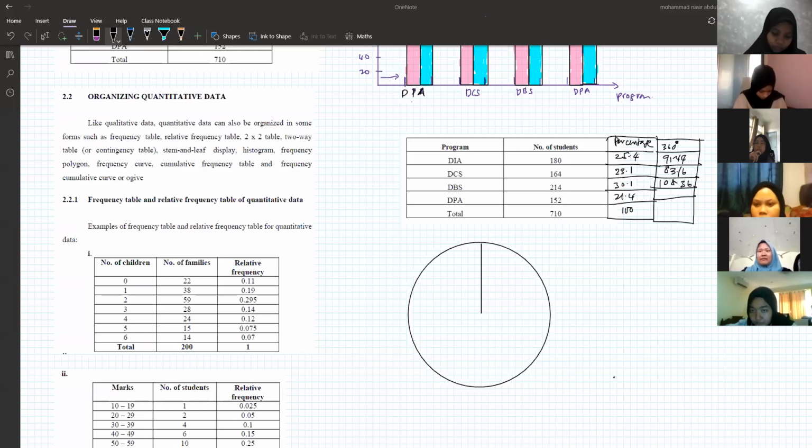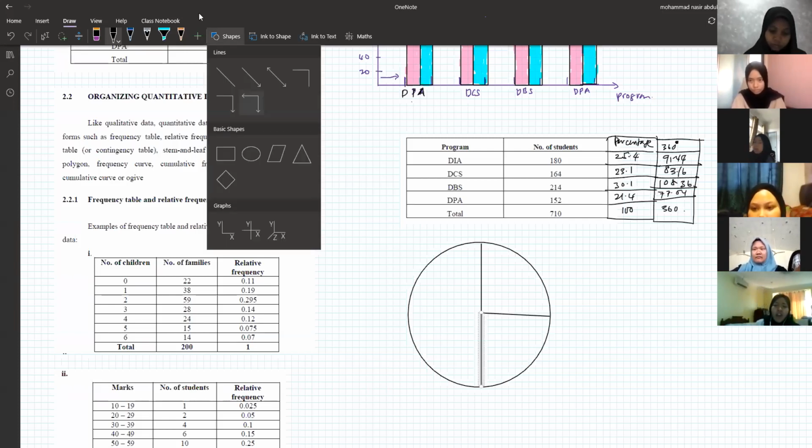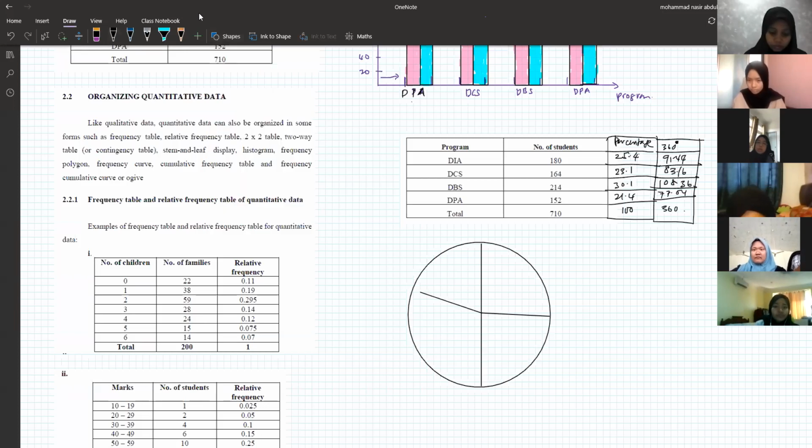And next step is we need to measure using a protractor. 91.4 degrees should be somewhere here. The next one is 83 degrees, somewhere here. The third one is 108, somewhere here. So you need to use pencil color.